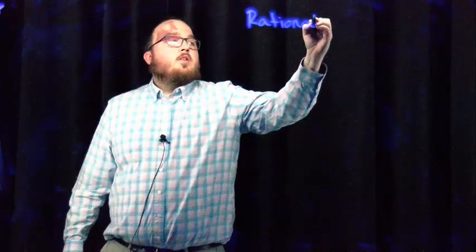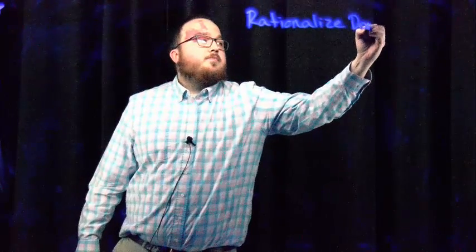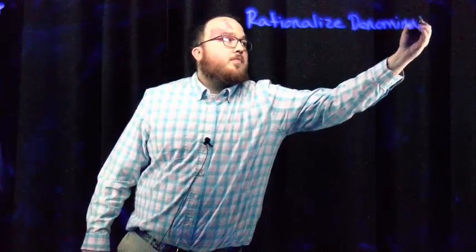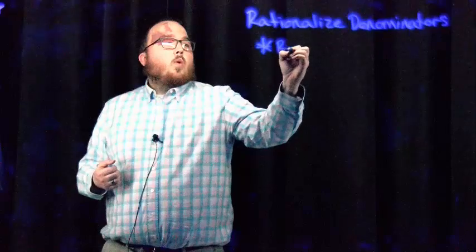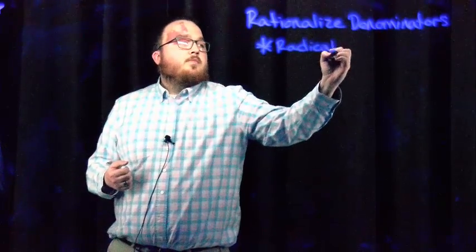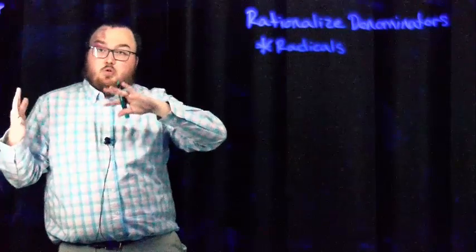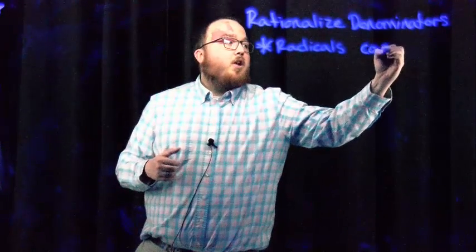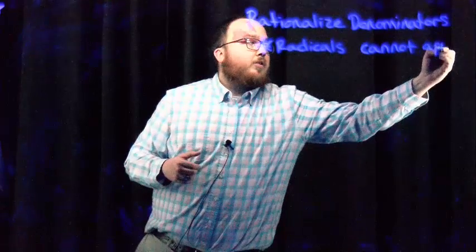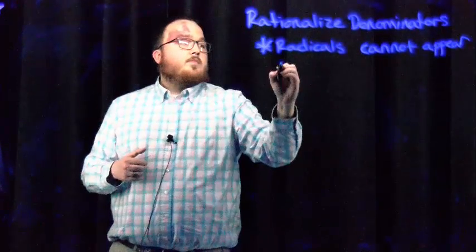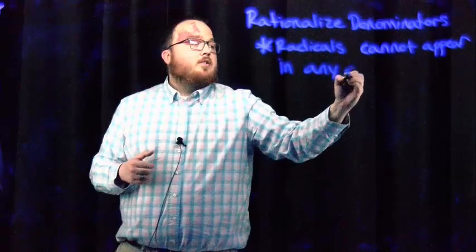The last thing we want to do is learn how to rationalize denominators. What I mean by that is there's a math rule, a math law, that says radicals, which is the square root sign, cannot appear in any denominators.